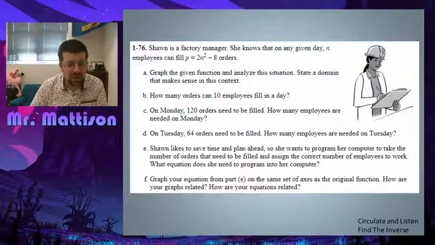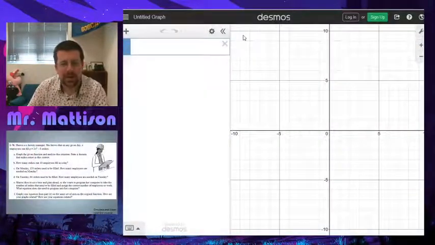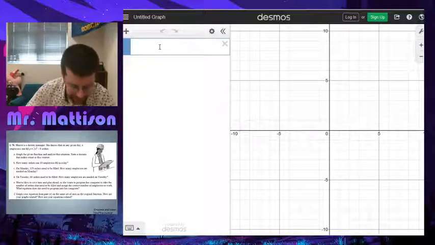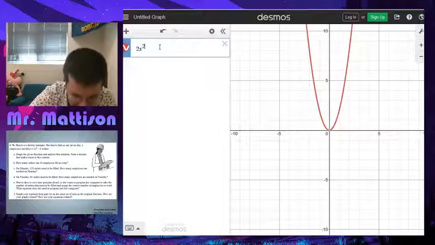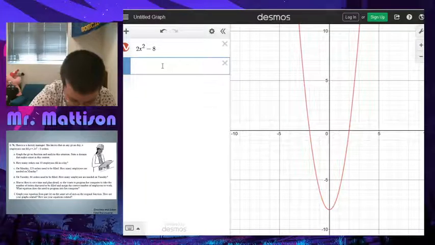So we're going to go ahead and graph this, as well as graphing the original problem here. So if I pull up my Desmos, my original graph is 2x to the second minus 8. Again, Desmos likes x's, not other variables, when you're trying to graph.